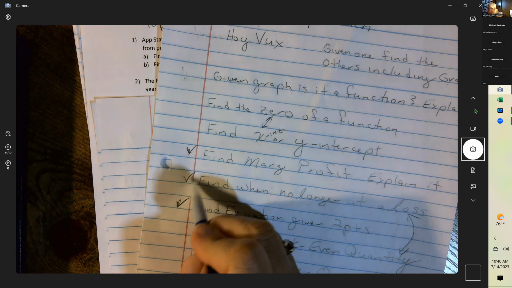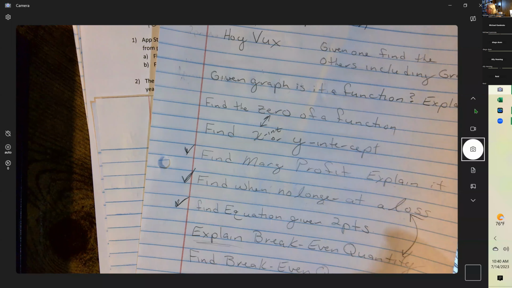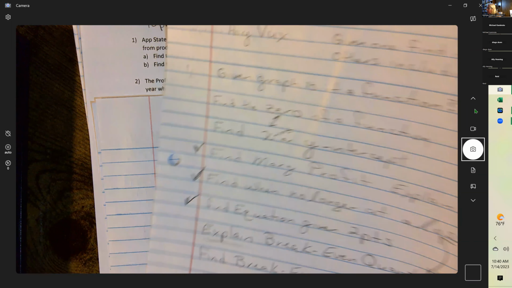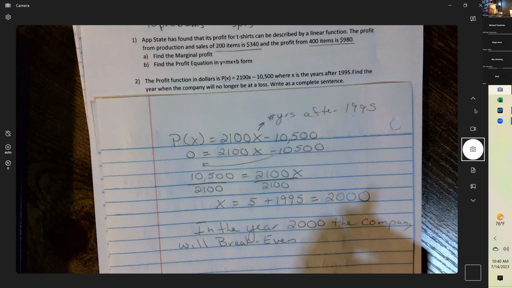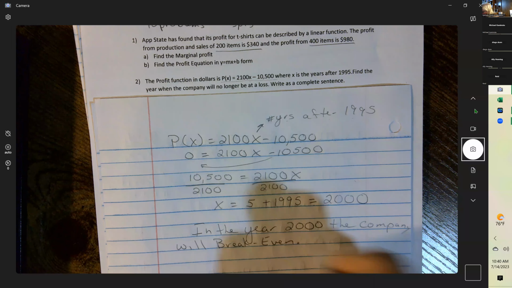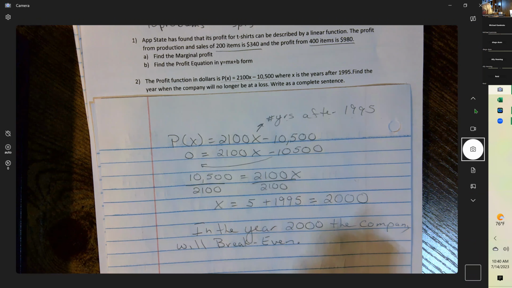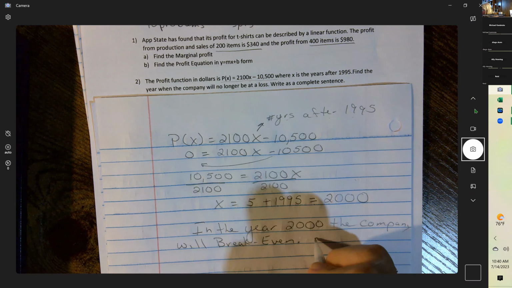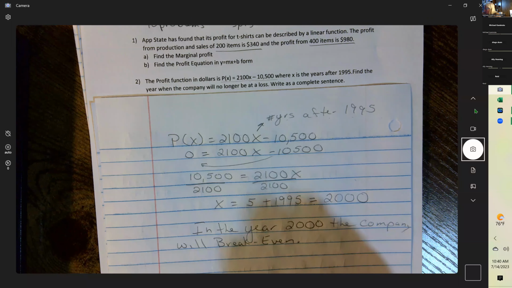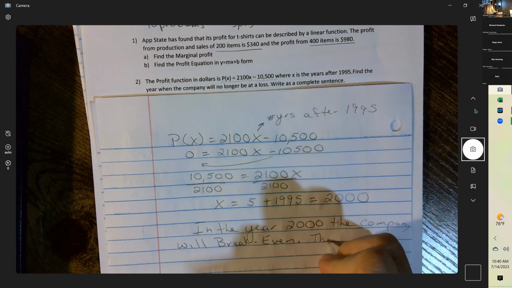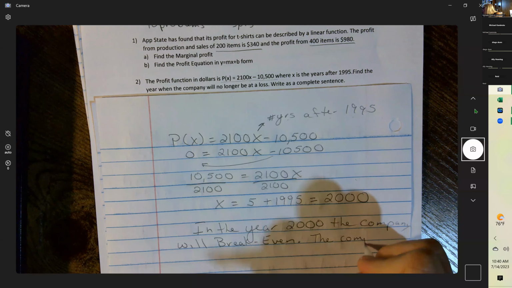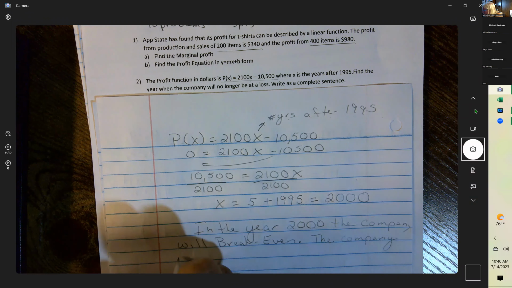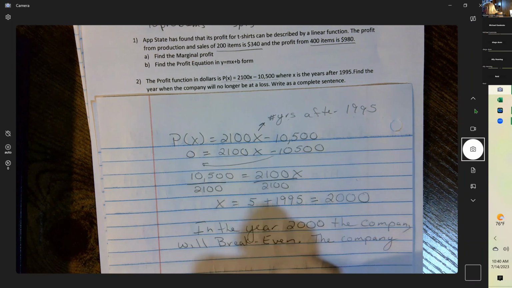Find when no longer at a loss. Explain break even quantity. I think you kind of did there. I think it's more when you have a number than the year.